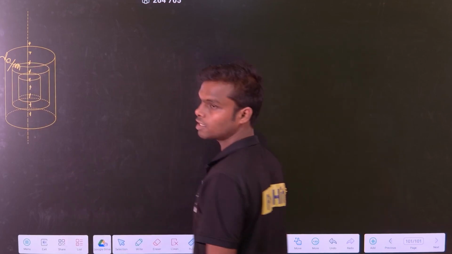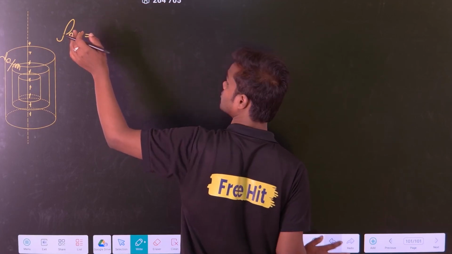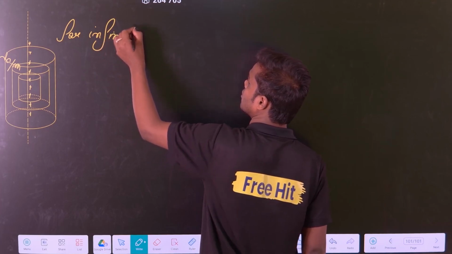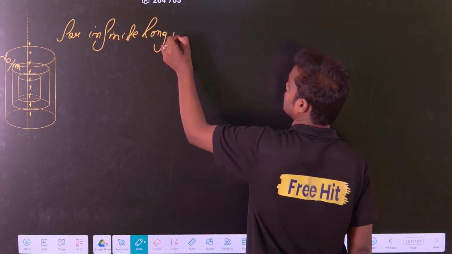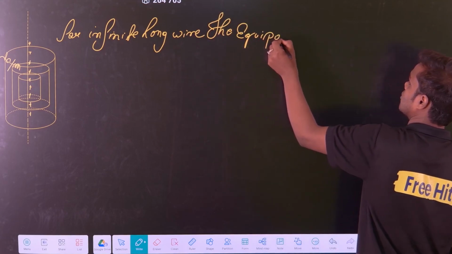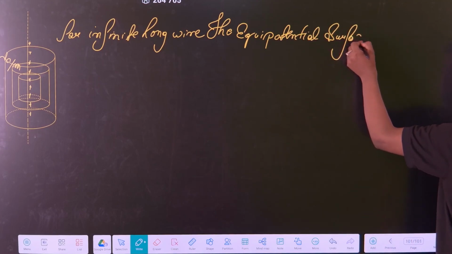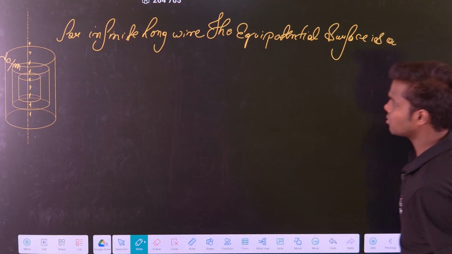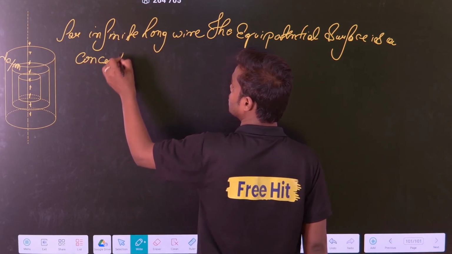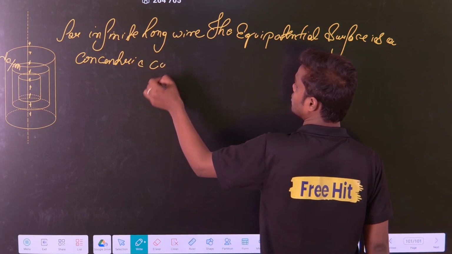So for an infinitely long wire, the equipotential surface is a concentric cylinder.